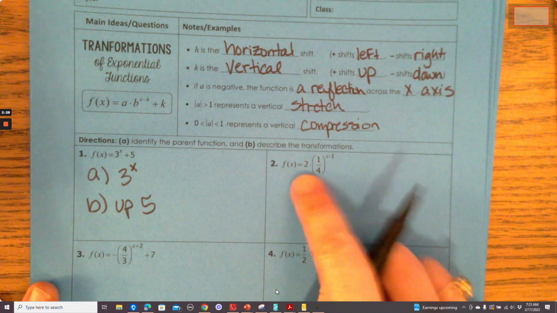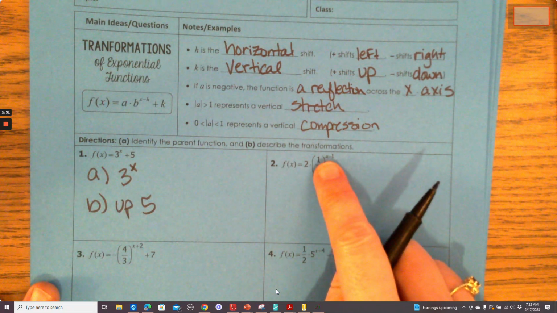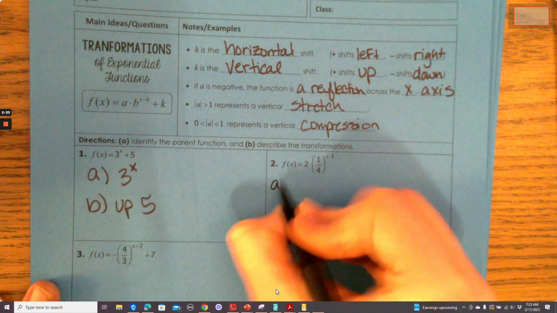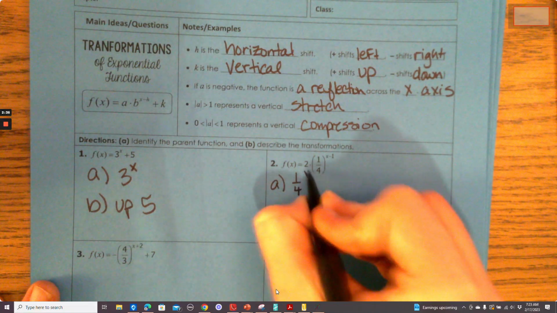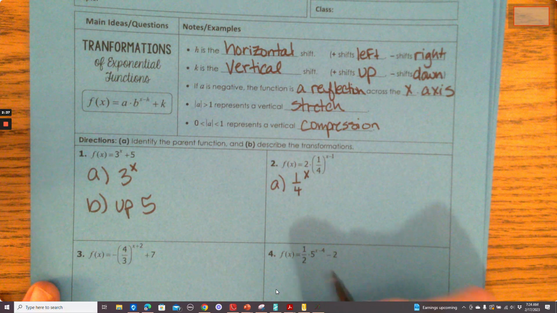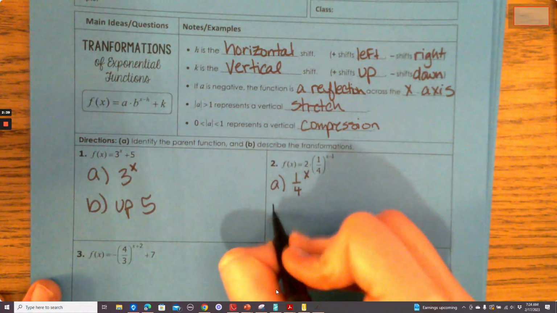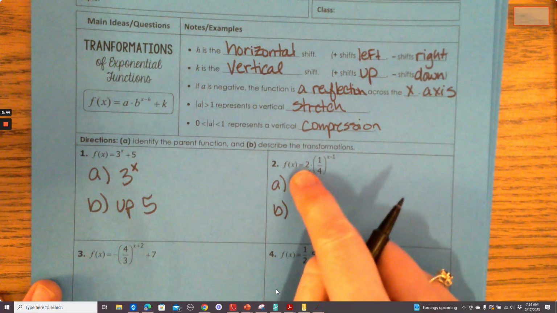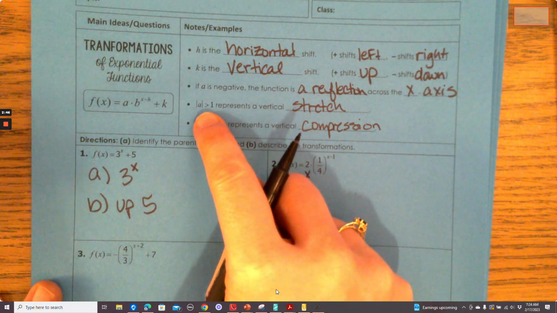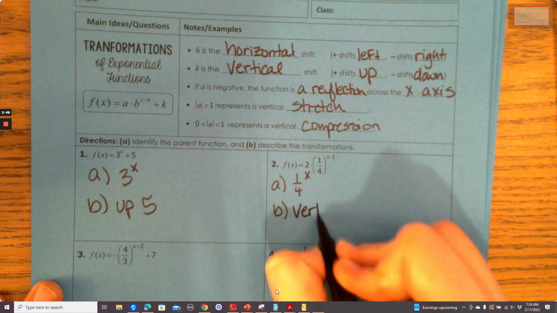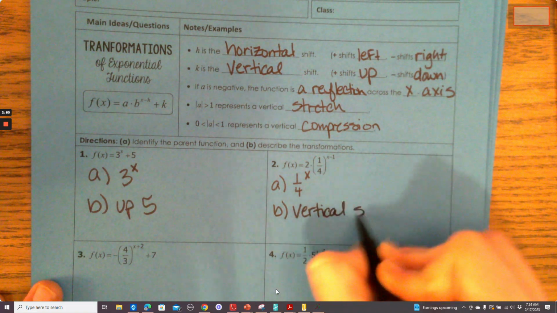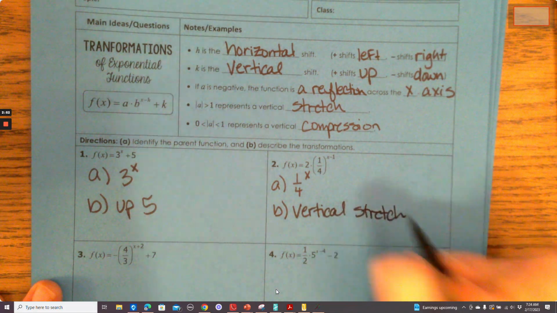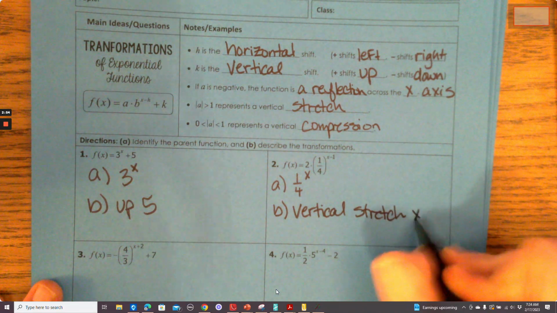Okay? 2 times 4th to the x minus 1. So the original function, or the parent function, is 1/4 to the x. That's where we're starting. And then our transformations here. The 2 right here, that's an a value. It's greater than 1. So we've got a vertical stretch times 2.